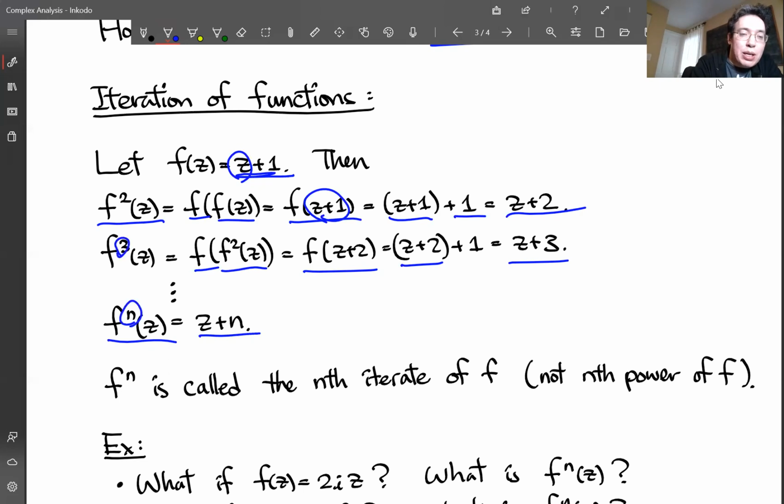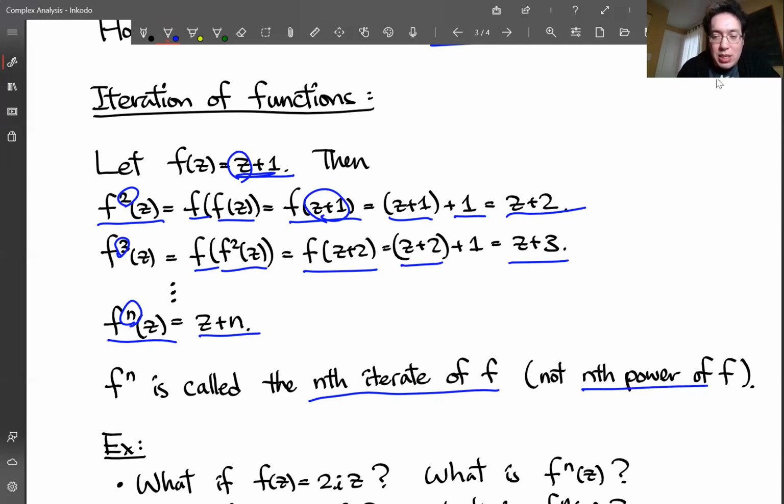And this is the notation we're going to use. If we put something in the superscript after the function name, in this part of the class, this means the nth iterate of f. I know it looks like we're doing nth power of f.